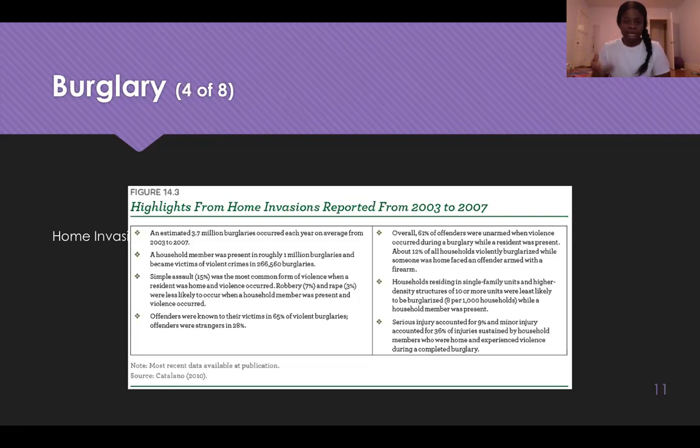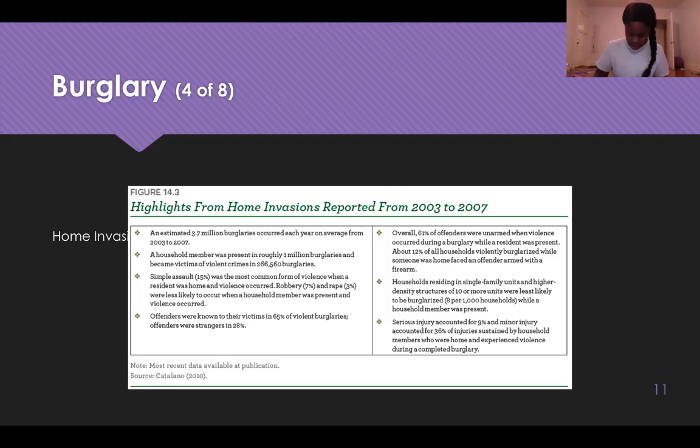This is figure 14.3. Give me just one moment. You can find this specific figure. Home invasion. This is a new figure.